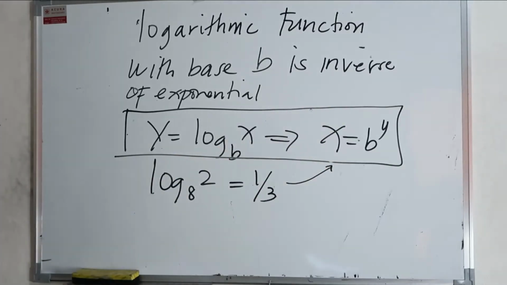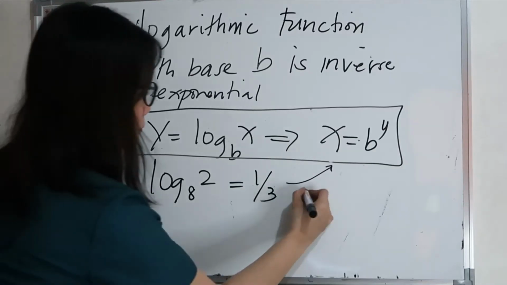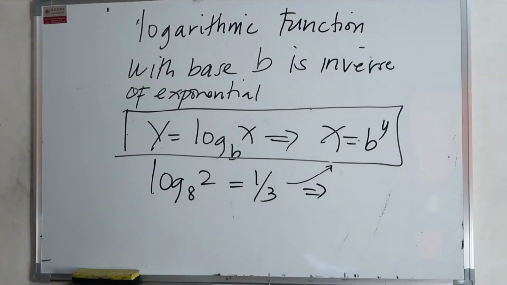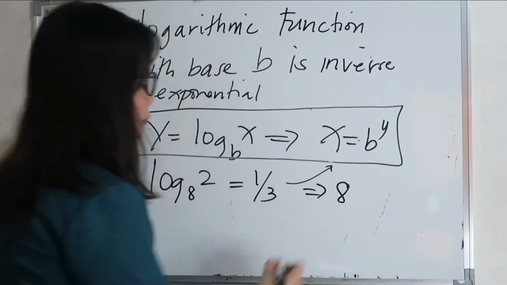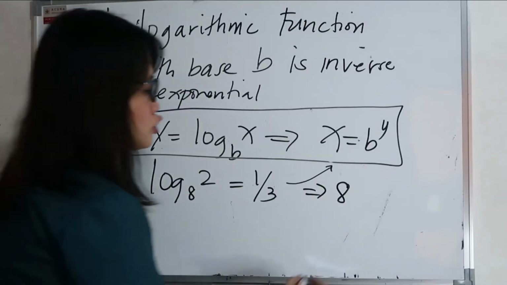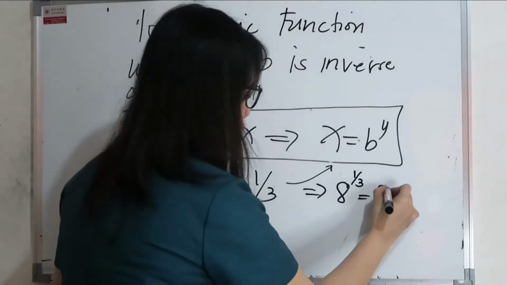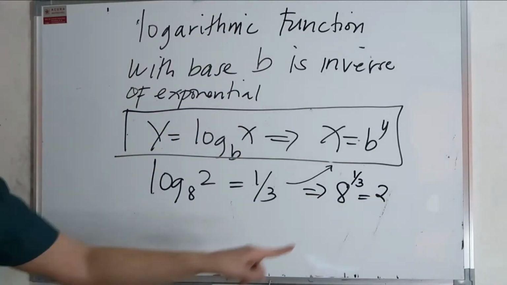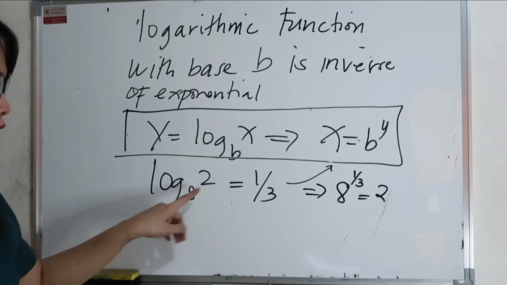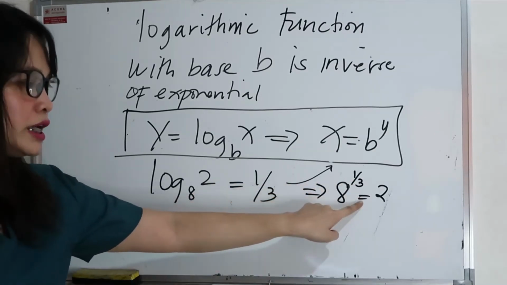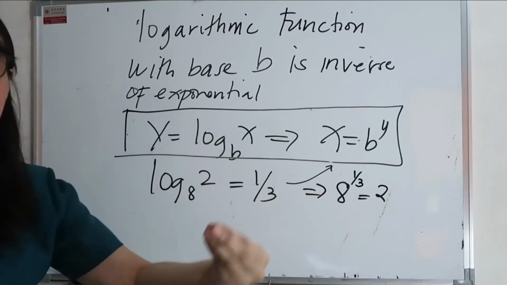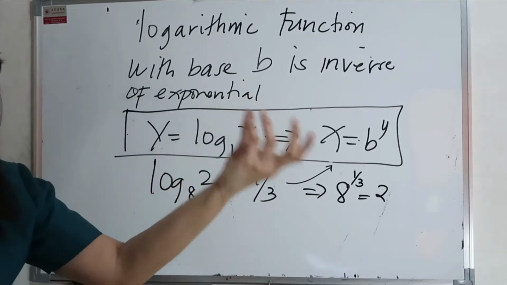It will become 8 raised to 1/3 equals 2. 8 is the base, and 1/3 will be your y, equals 2. That's how we convert a logarithmic function to an exponential function.